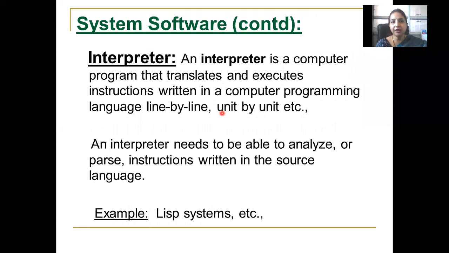Then interpreter, it's a computer program that translates and executes instructions. So whatever app you want to use, let's suppose very simple, आपके सिस्टम में आपने म्यूजिक ऐड करना है, right, and to be played in that, तो आपको VLC प्लेयर, विंडो मीडिया प्लेयर डालना पड़ेगा.